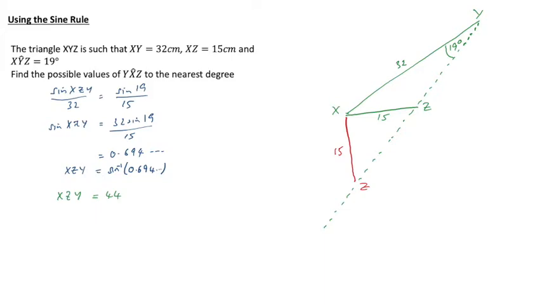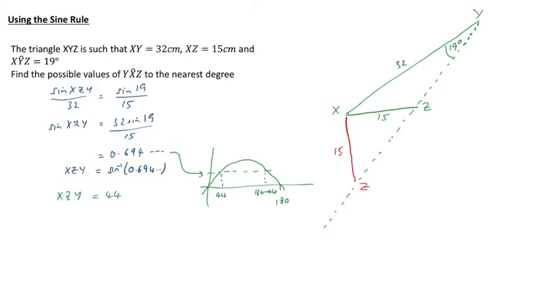So what we can do is we can think about what the sine curve looks like, and it looks like that between 0 and 180, and we've marked across with a dotted line where 0.694 comes on the y-axis, or the sine of the angle axis. So where it first hits the curve is our 44 that the calculator gives us, but it also hits again at 180 minus 44, and it's 180 minus 44 because that's symmetrical.